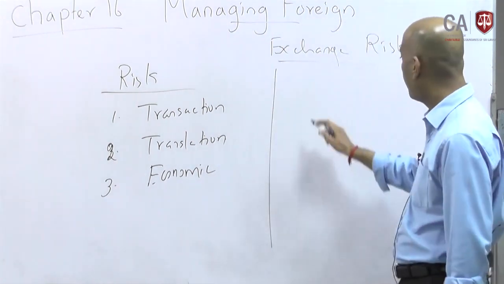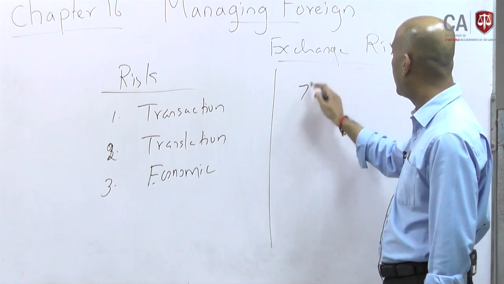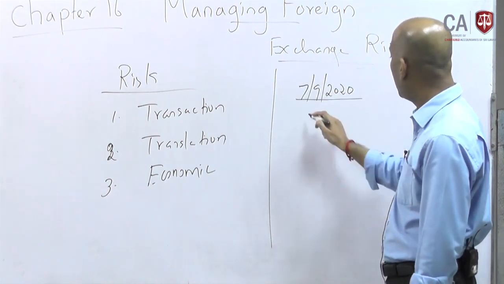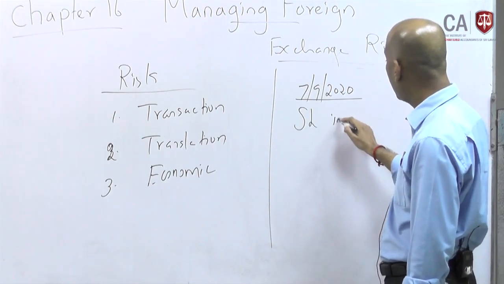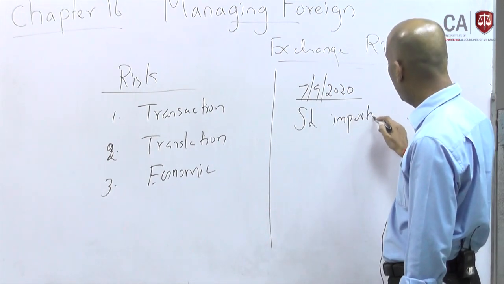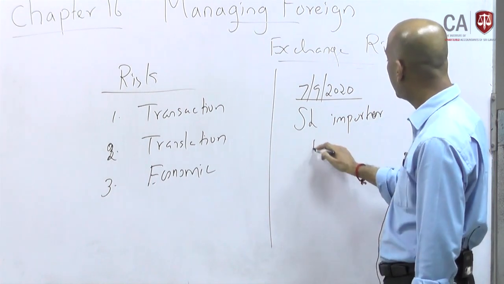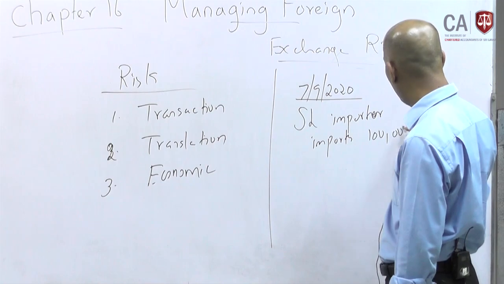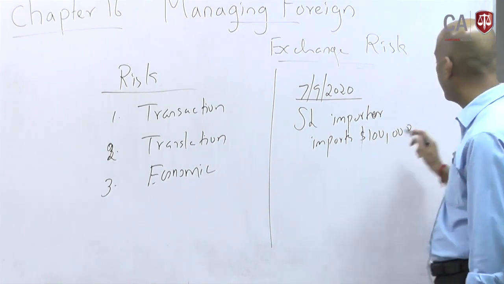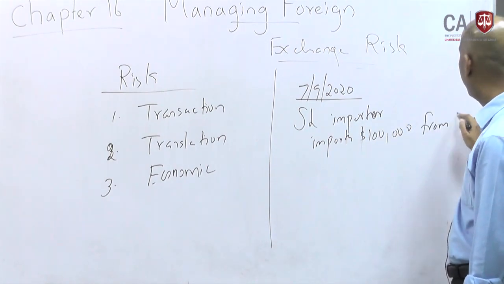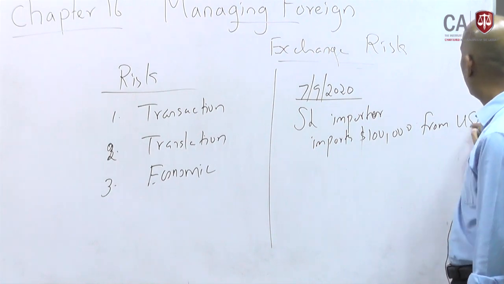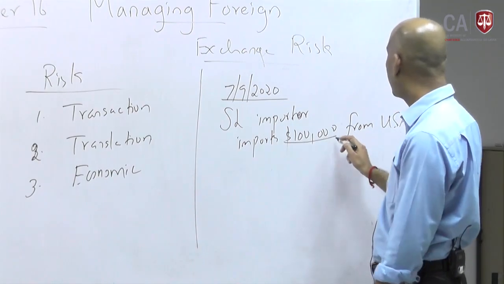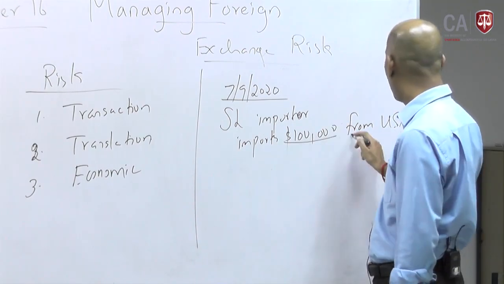Just look at this example. Today is 7th of September 2020. A Sri Lankan importer imports $100,000 worth of goods from the USA.